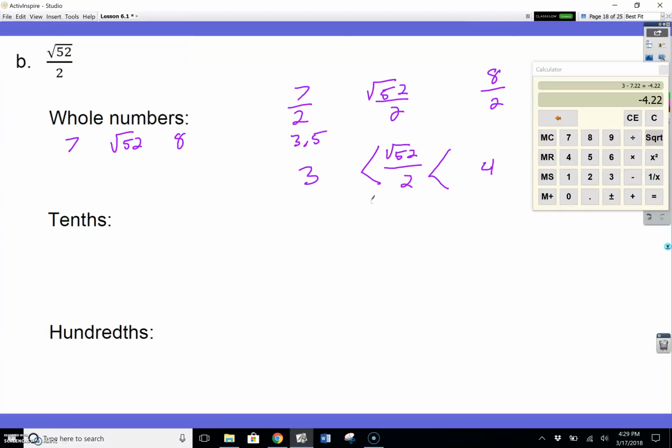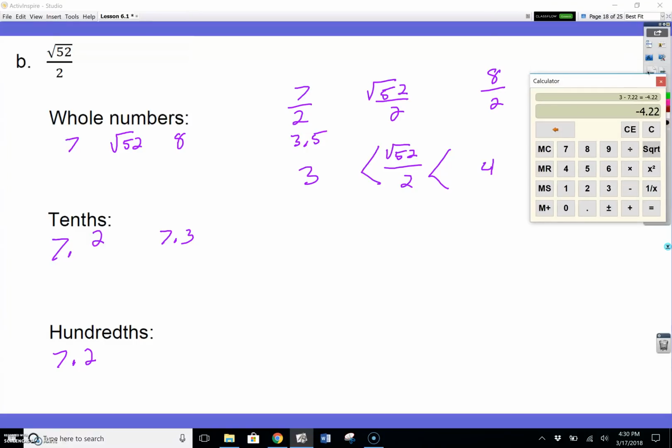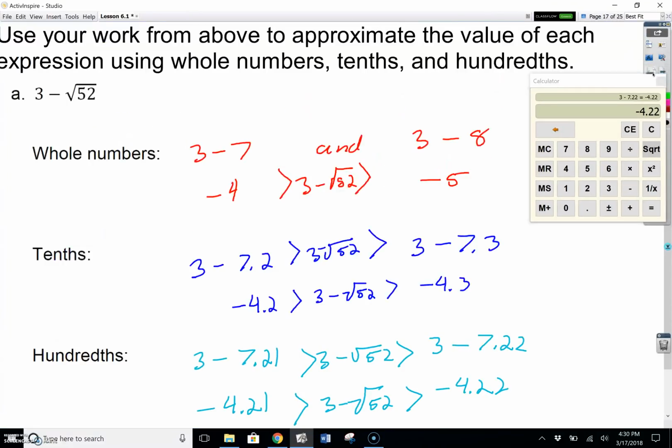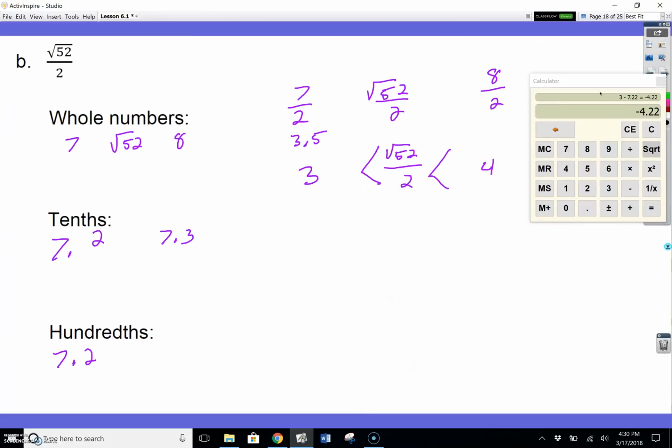So radical 52 over 2 needs to be greater than 3 but less than 4. Now, if we go to the nearest tenths and I plug this into a calculator, remember the two numbers are 7.2 and 7.3. And over here, just remember, 7.21 and 7.22, okay. All right, so let's go ahead and divide these now.